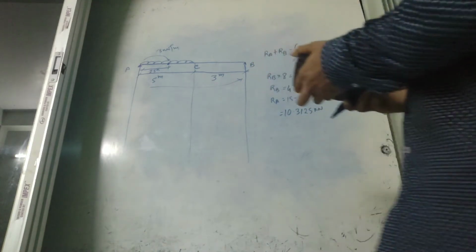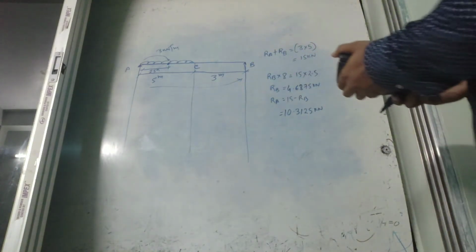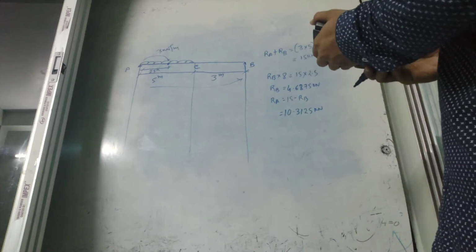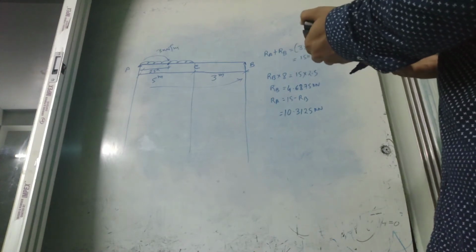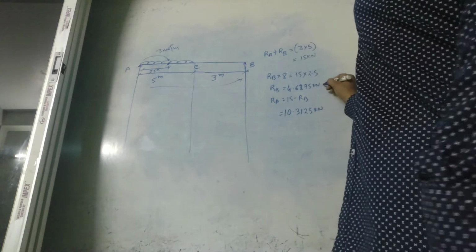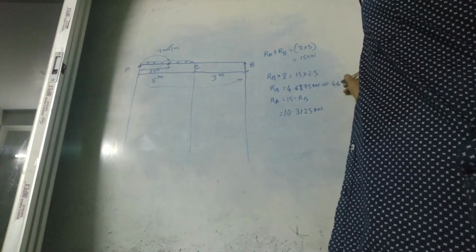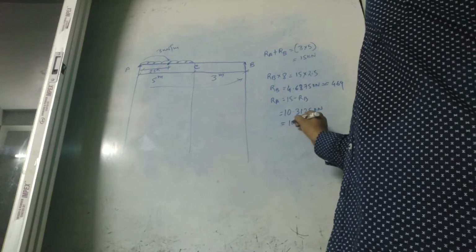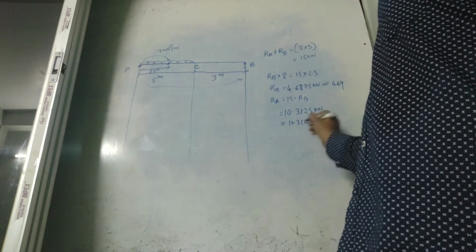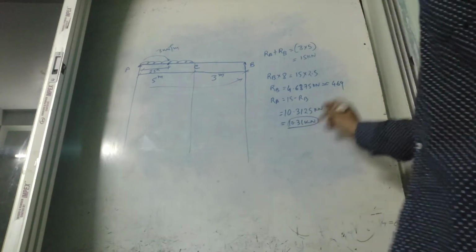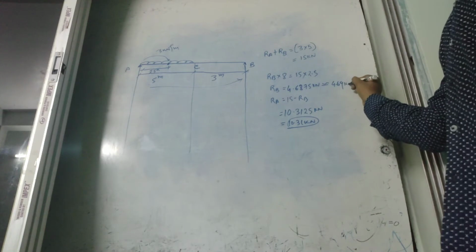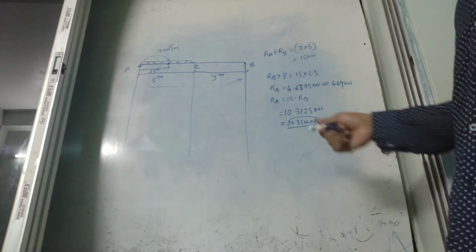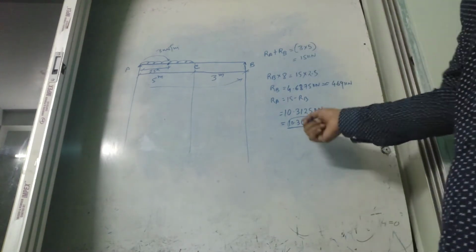I easily divided it as 4.69, and 15 minus 4.69 is 10.31. We will take 4.69, then it will be 10.31 kilonewton. Then we can easily check that 10.31 plus 4.69 equals 15 kilonewton. Okay, for easy calculation we will take this.